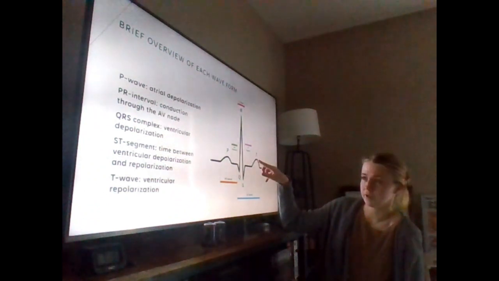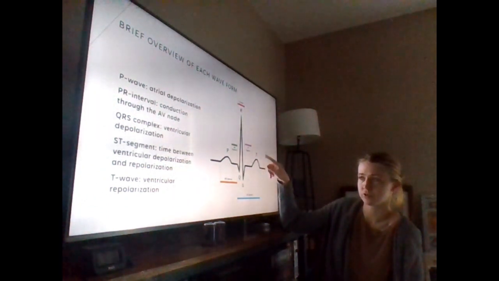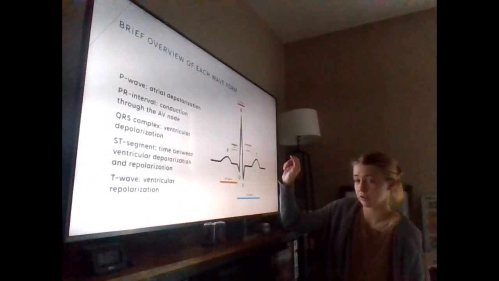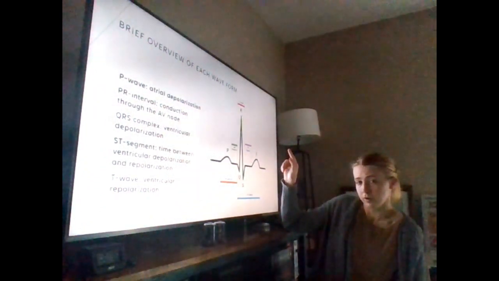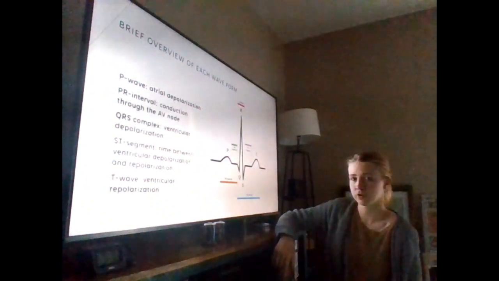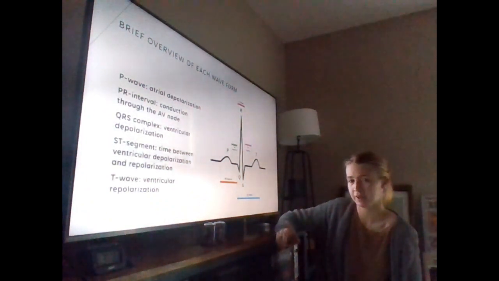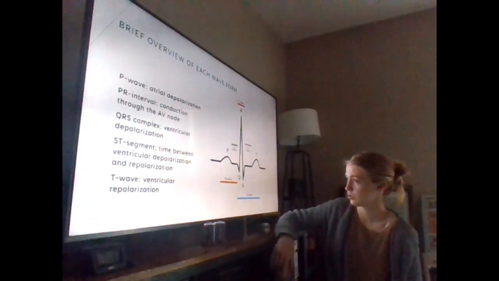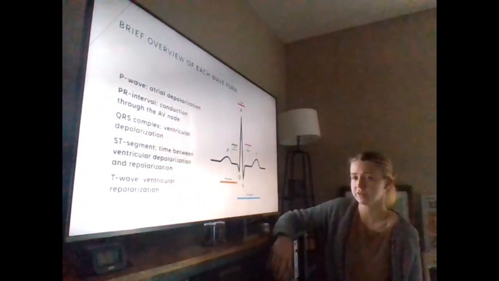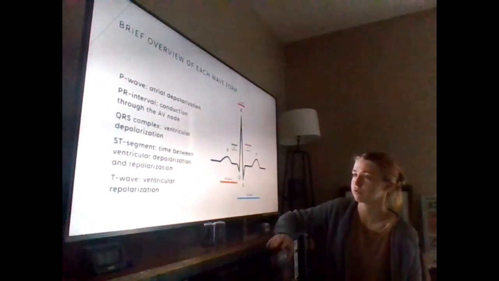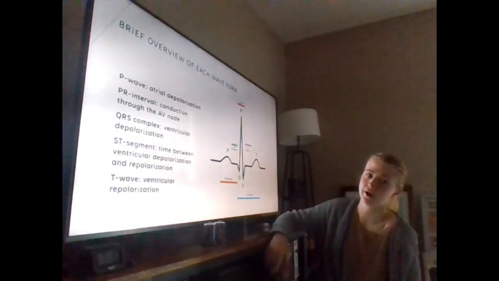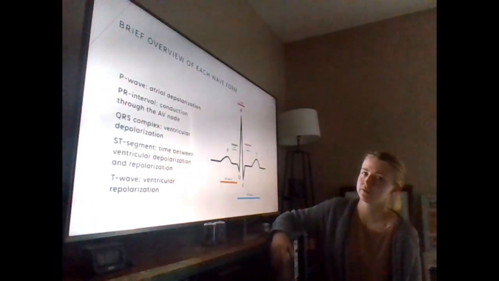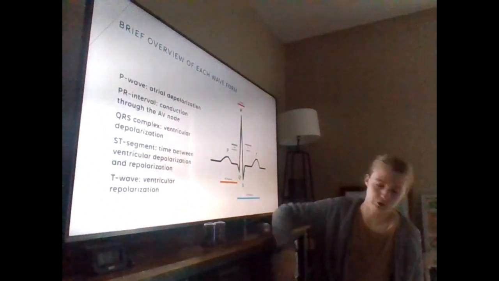And then your ST segment is the time between ventricular depolarization and ventricular repolarization. Remember when we looked at our chart for action potential, that would be your plateau phase into your repolarization phase. And then your T wave is ventricular repolarization. We don't see atrial repolarization because it's covered up by the larger electrical output of ventricular depolarization.